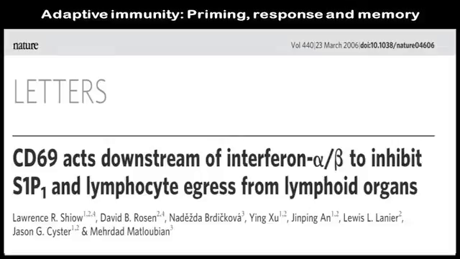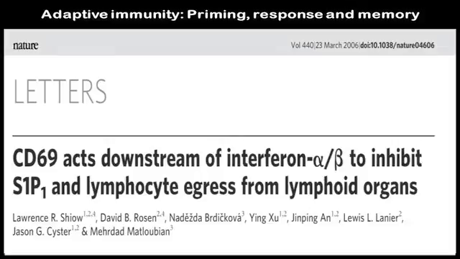When CD69 is inserted into the membrane of a T cell, it can migrate laterally through the membrane and bind to S1P1 and block its function, so that when people get interferon beta for MS, a certain number of their T cells are trapped within lymph nodes, exactly as we see with fingolimod. And those cells are not available to enter the brain and cause MS attacks.